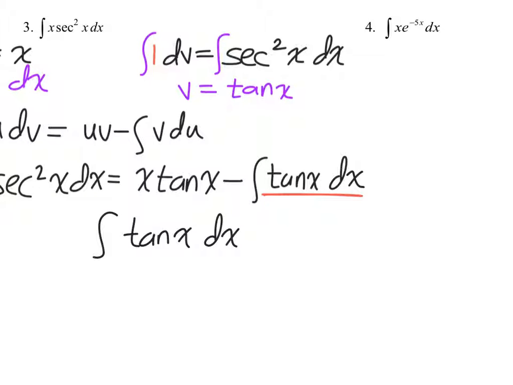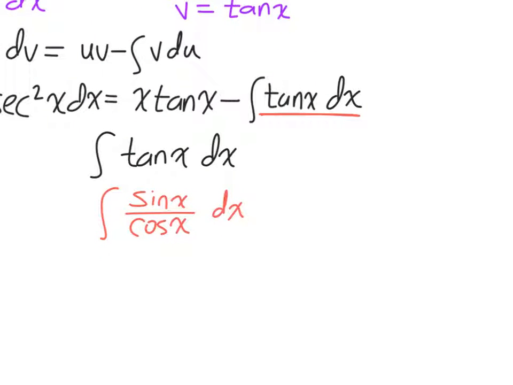All right. So tangent, sine over cosine. All right. So then the question would be, can I identify a u? So u substitution, I'll just make a note, u substitution.